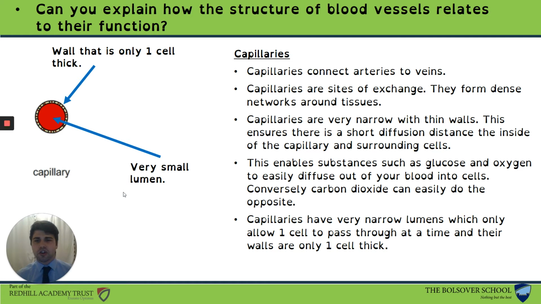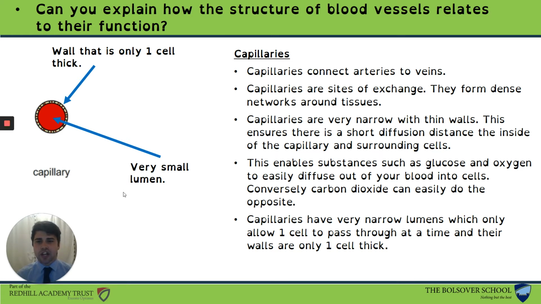So if you imagine oxygen diffuses from the alveoli, or the air sacs in your lungs, through the walls of the capillaries into your blood, and then the blood will transport that oxygen round to other tissues such as muscle cells, where the oxygen will then diffuse out of the blood into the muscle tissues via another network of capillaries.